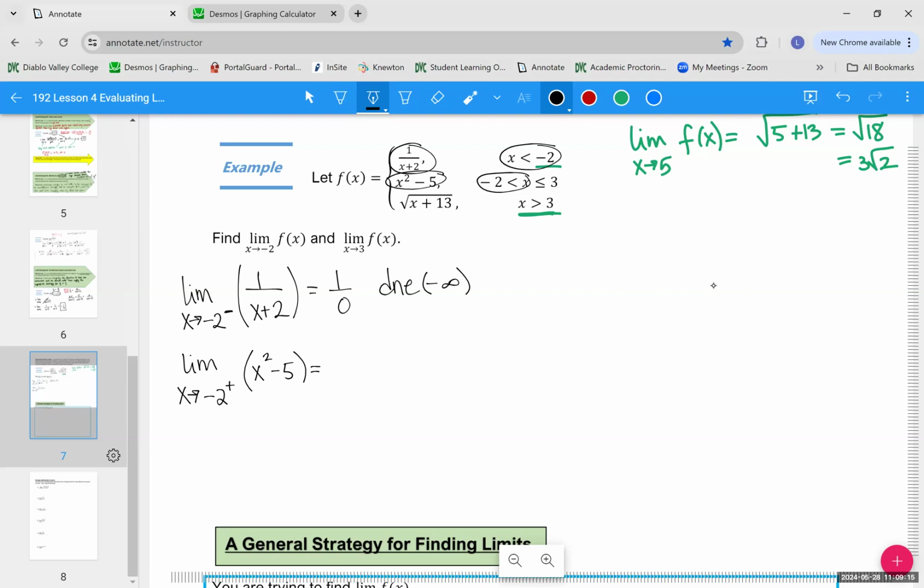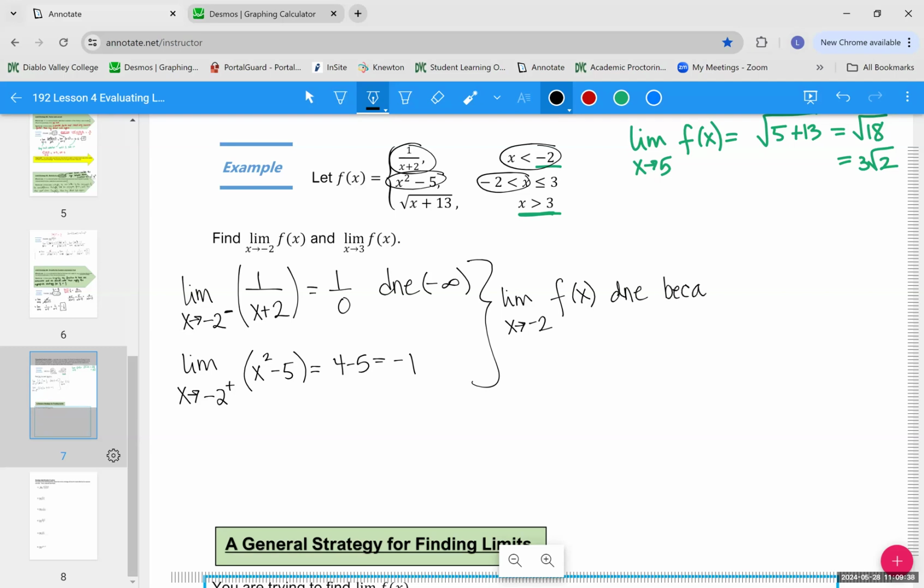Whereas if I approach -2 from the right and I do direct substitution, I would just have 4 minus 5, which is -1. So clearly, these two things are not equal to each other. So I would conclude that the limit as x approaches -2 of this function f of x does not exist.